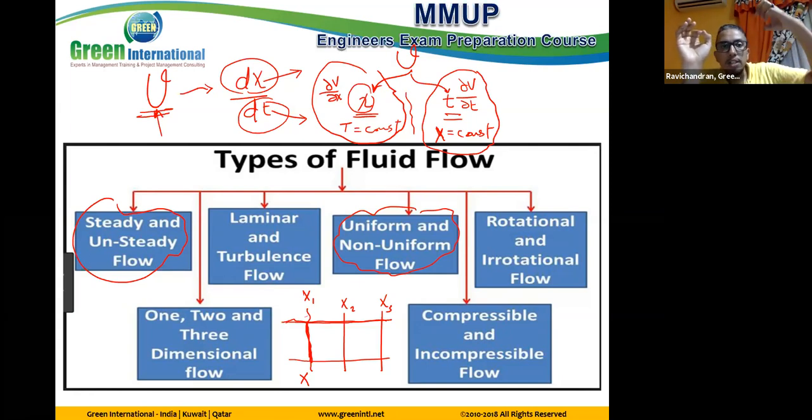This particle is rotated along its axis or not. If rotated along its axis, this is rotational flow. If not, this is irrotational flow. We'll see also the slide for that. Let's see.